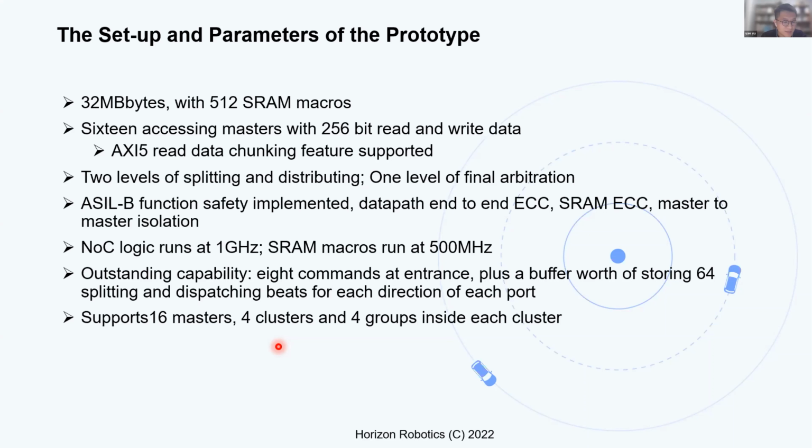At the implementation stage, we sign off the NOC logic at 1 gigahertz and the SRAM macros at 500 megahertz. This difference between the SRAM macros and the NOC is for several reasons.